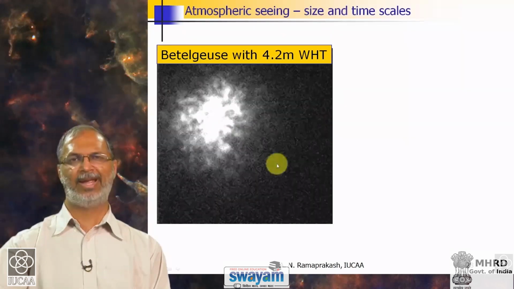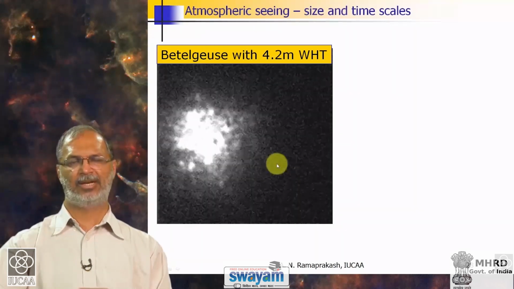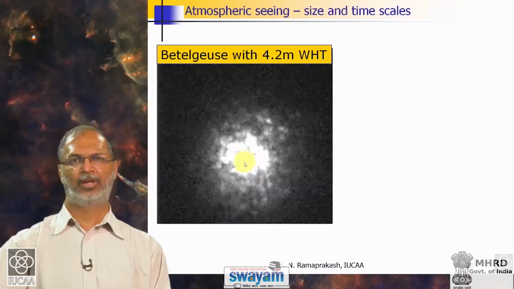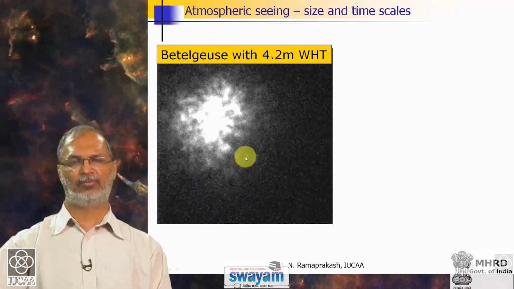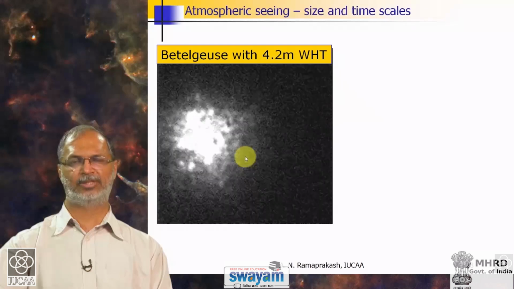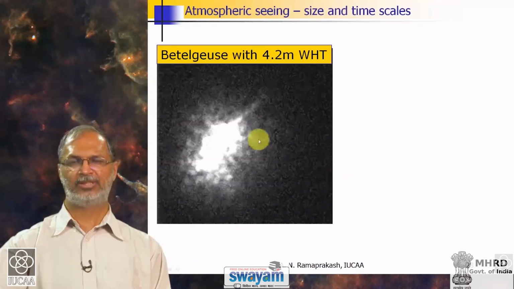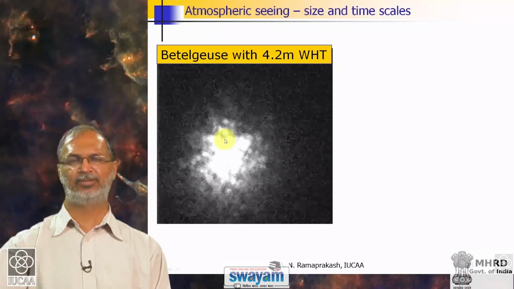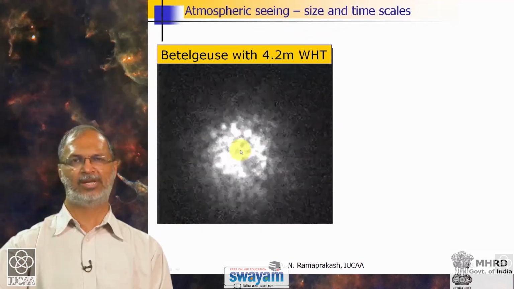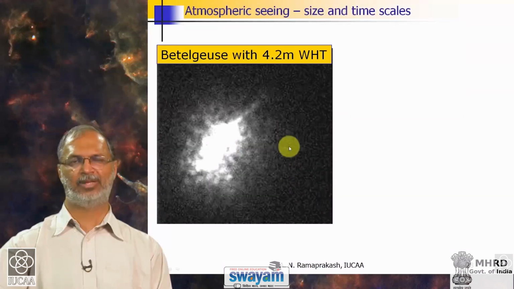So, if I take, at any instant, the light passing through it and falling on the circular aperture of a telescope and coming into its focal plane, you expect to see structures in the image which are of inverse size scale to that of the atmosphere.